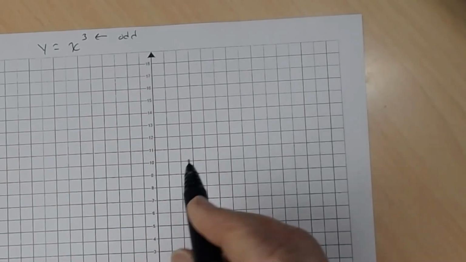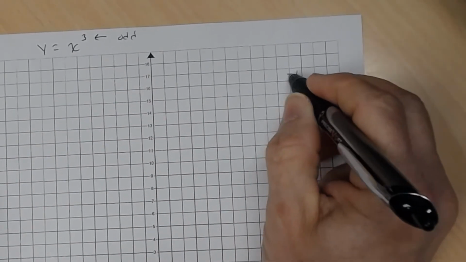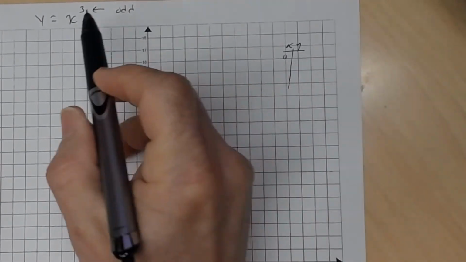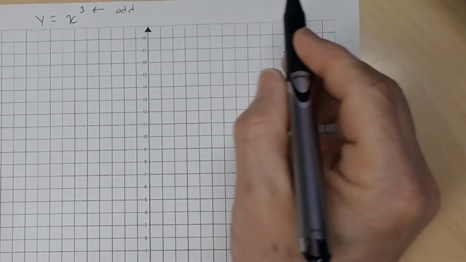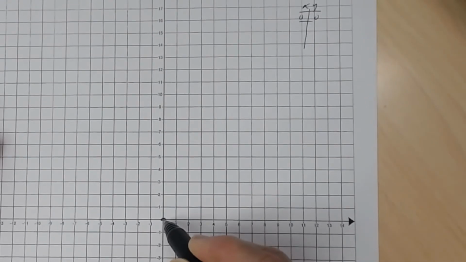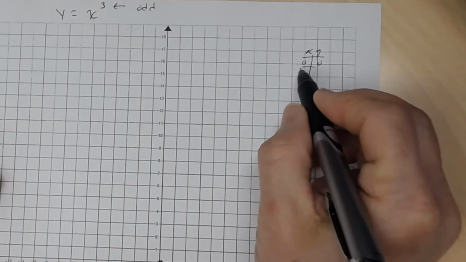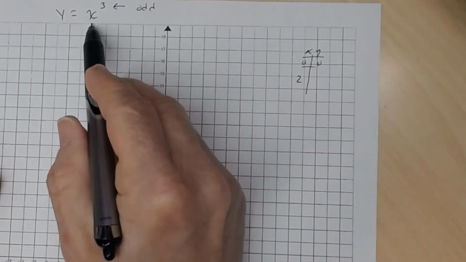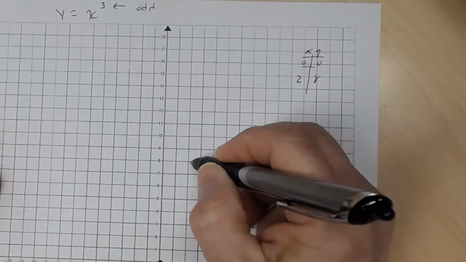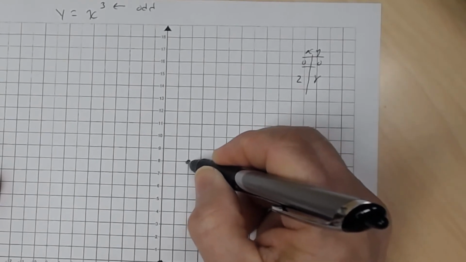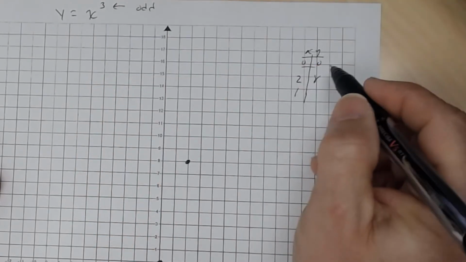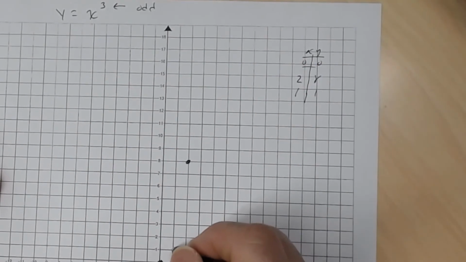If I use a t-table, let's see what happens. If x is 0, 0 cubed is 0, so I plot the point (0, 0). If x is 2, I get 2 cubed, which is 8, so I plot the point (2, 8). If x is 1, I get 1 cubed, which is 1, so I plot (1, 1).